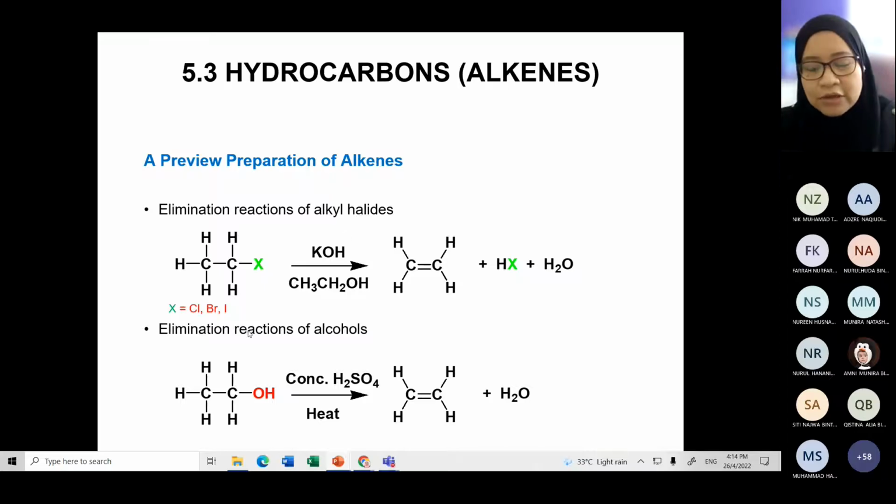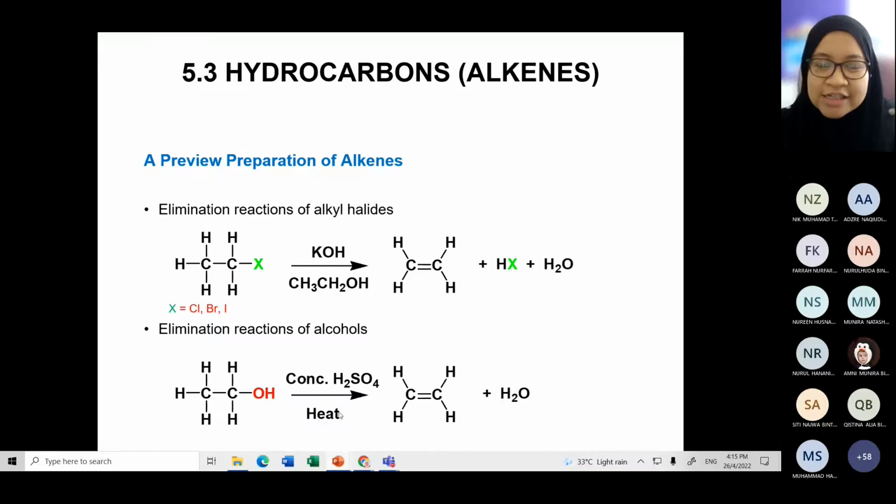Alternatively, we could also produce alkene from alcohol. So what are the reagents and conditions that we need in order for this reaction to produce alkenes? You require concentrated H2SO4 and also heat.